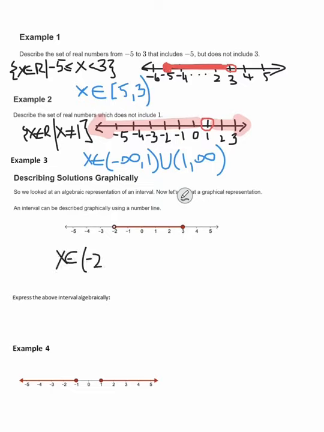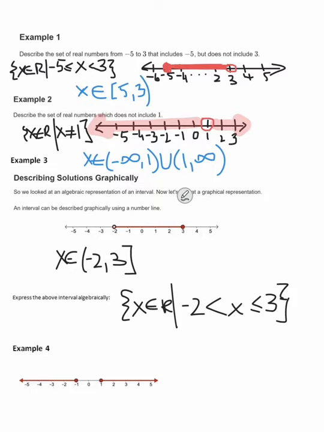Remember, it's an open round bracket, and 3 is going to be a closed bracket or square bracket. If we want to express this interval algebraically using set notation, we would say x ∈ R such that it lies between -2, not including -2, and 3. So we would write it this way.